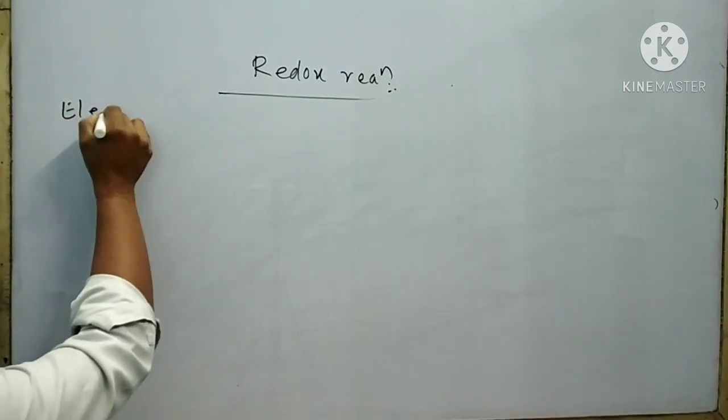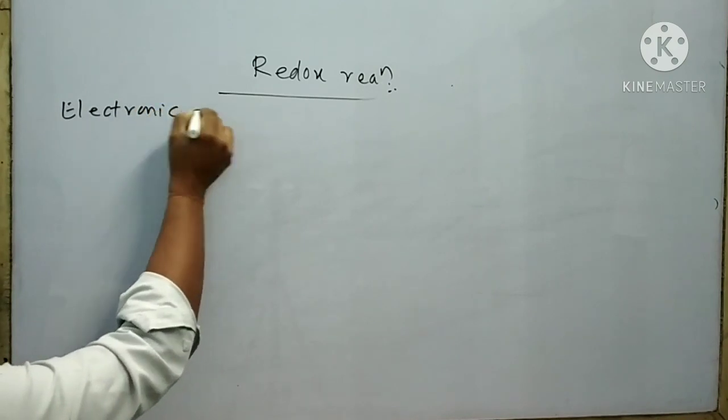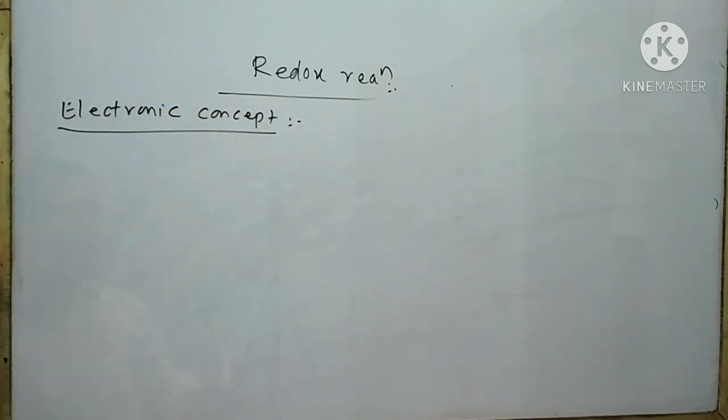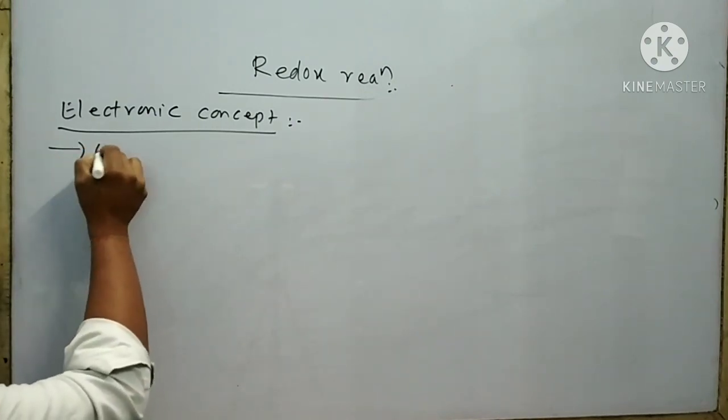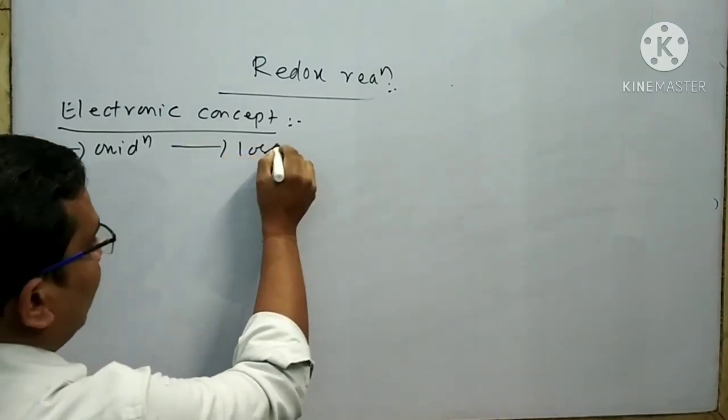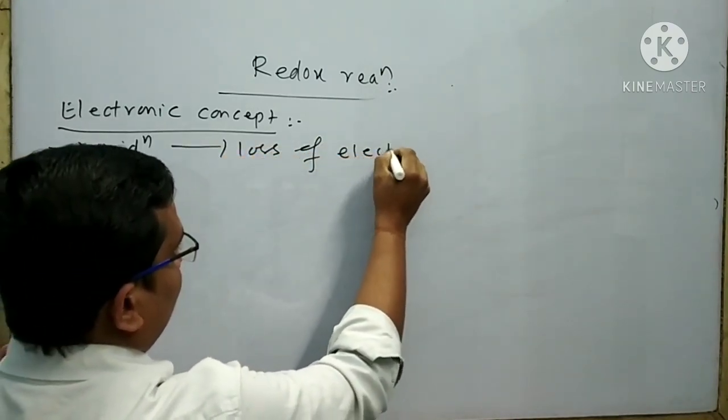Next I want to explain the electronic concept. According to electronic concept, what is the oxidation reaction and what is the reduction reaction? Oxidation reaction is a process which involves loss of electrons.